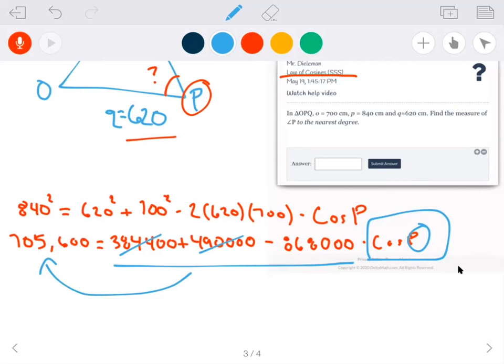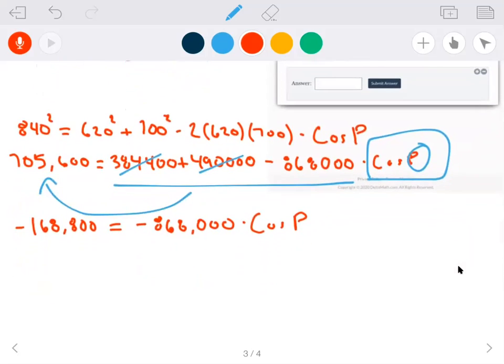And I end up with negative 168,800. And that equals negative 868,000 times the cosine of P. This is by far the trickier, lengthier process, but we'll get there.